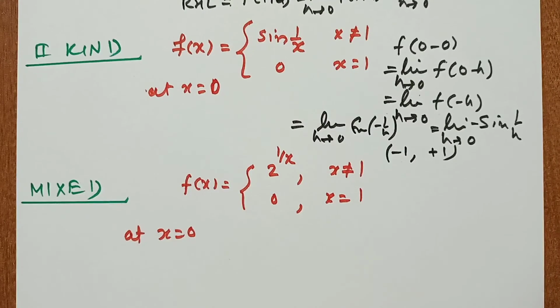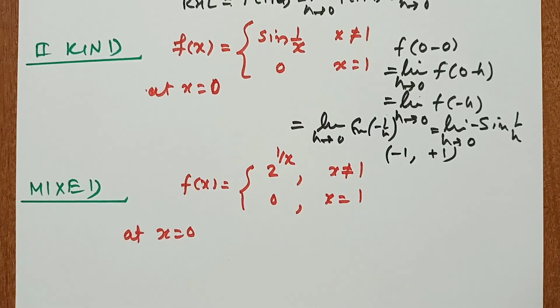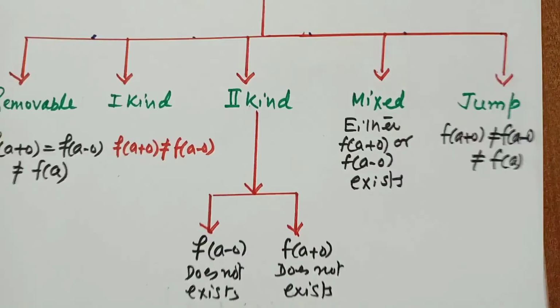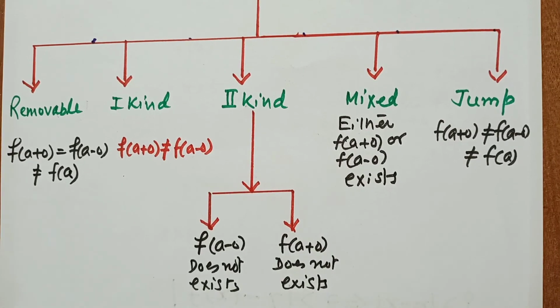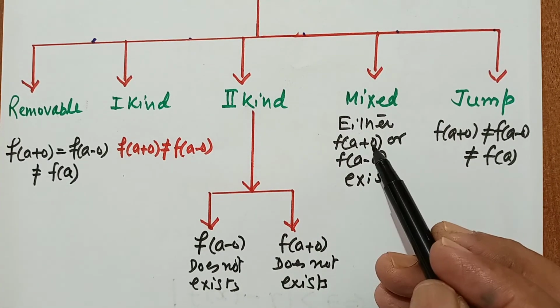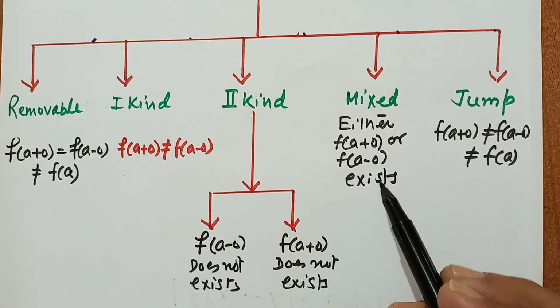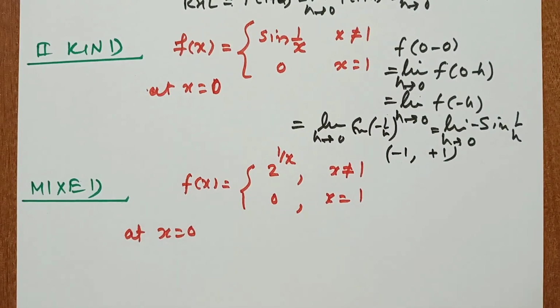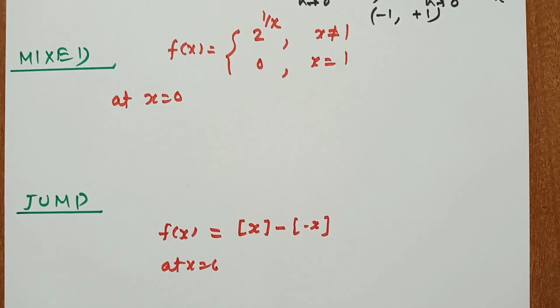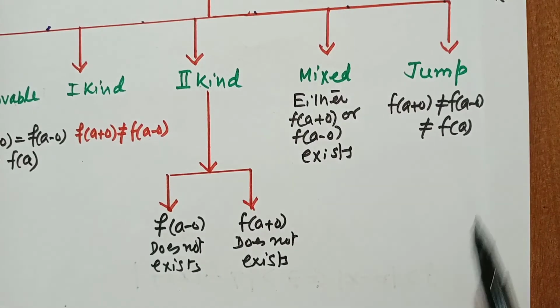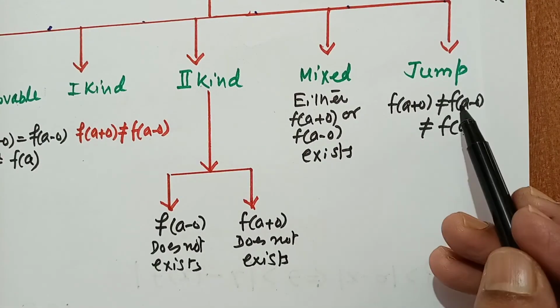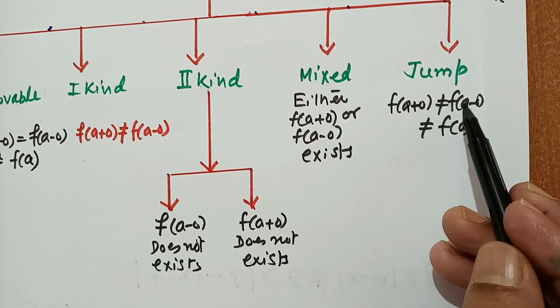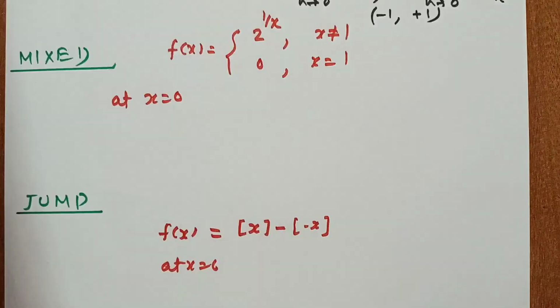Similarly, mixed discontinuity. What is mixed discontinuity? In the case of mixed discontinuity, either the left hand or the right hand limit does not exist. So this is the example of mixed. Okay, and last is jump discontinuity. Jump means the left hand limit and right hand limit are not equal to the value of the function.